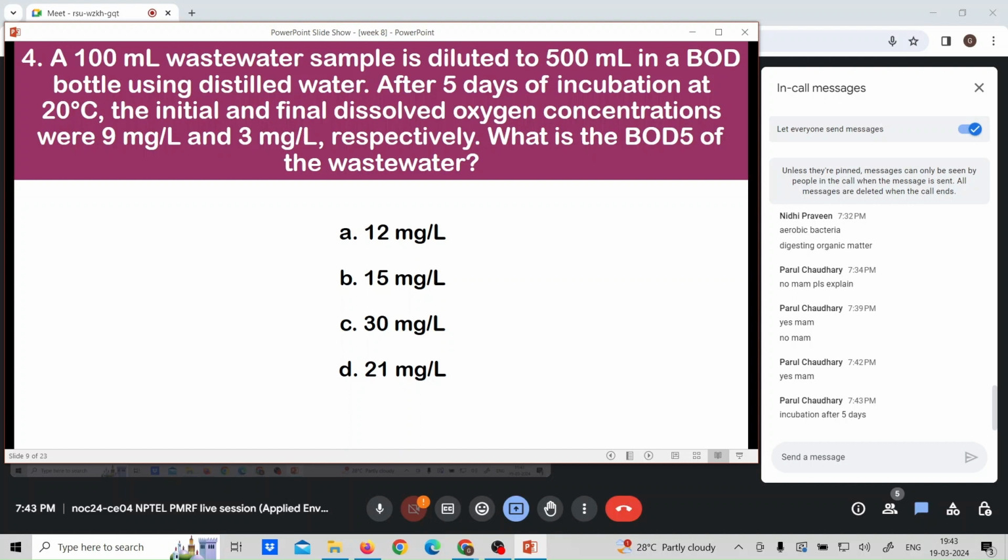There are a lot more details about a BOD test and the method of calculating BOD. If you are interested in knowing it, maybe you can respond. I think there are some three people here around. If two of you want me to explain, I'll explain it. Otherwise, you can just go on proceeding with solving this particular problem.